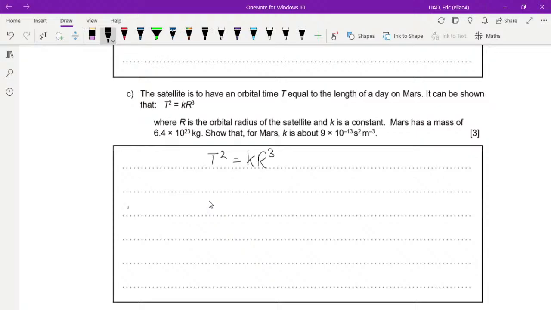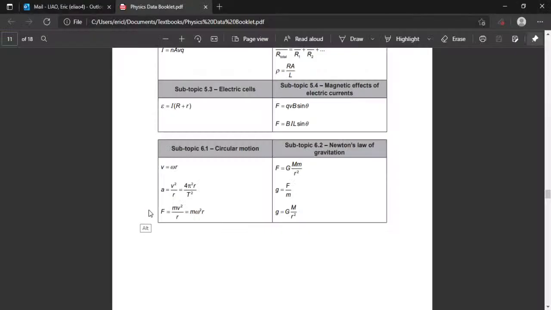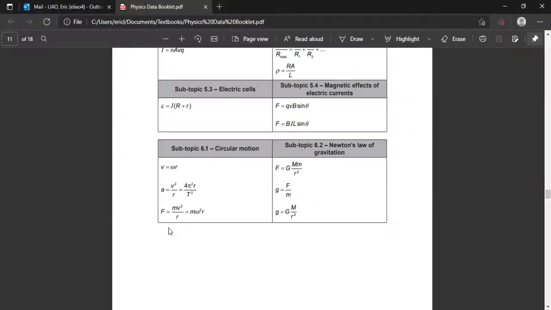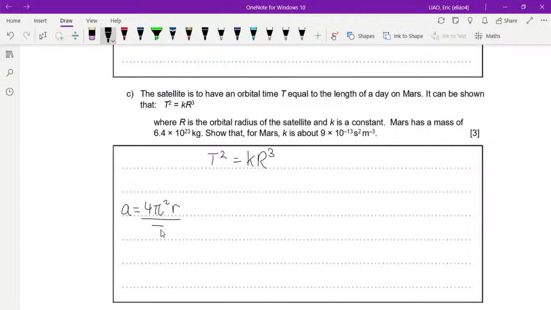So I'll just do this on the side. Over t squared, and we'll rearrange this for t squared. So this becomes, yep.